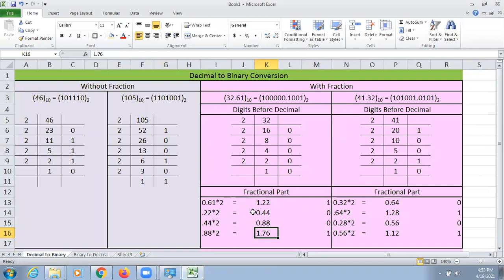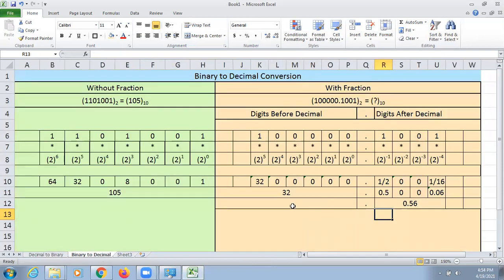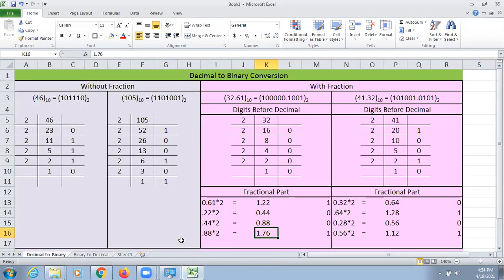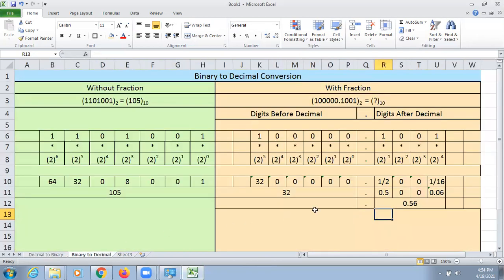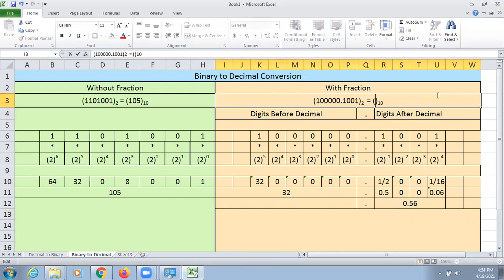If we do the proper calculation till the end, then you will get the exact answer. It doesn't matter if you are not solving further; you can solve till 4 digits only. Here we are getting 0.56, which is closer to 0.61, so it's a correct answer. Now right here, 32.56. This is the answer.